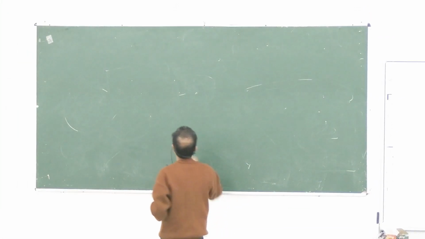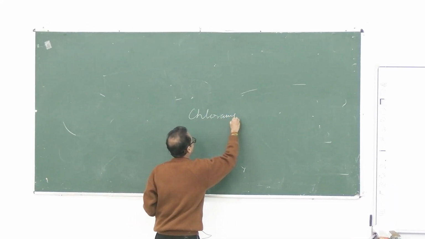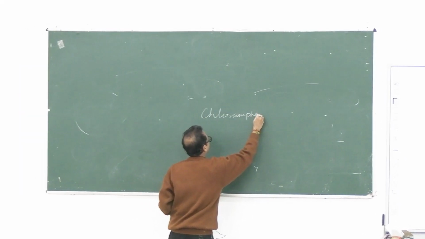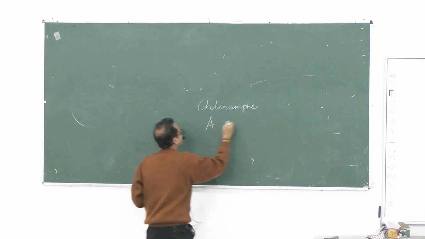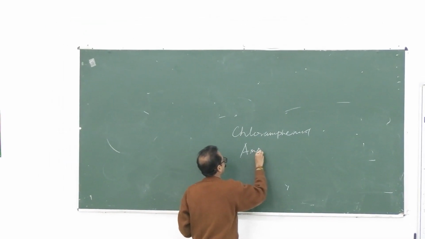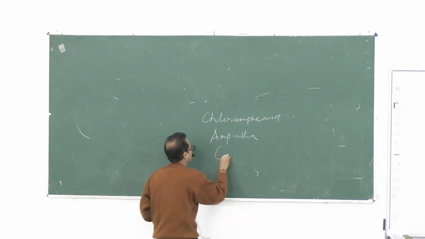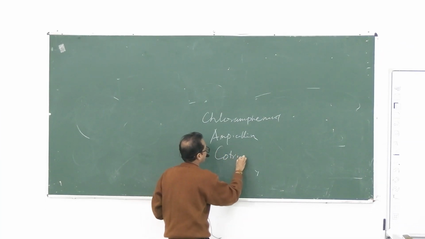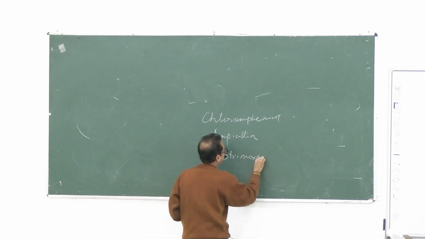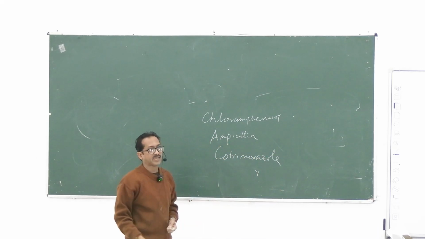There are 3 drugs initially used. One is chloramphenicol, ampicillin, this is in the early 70s, ampicillin and cotrimoxazole. These are the 3 initial antibiotics used against typhoid.